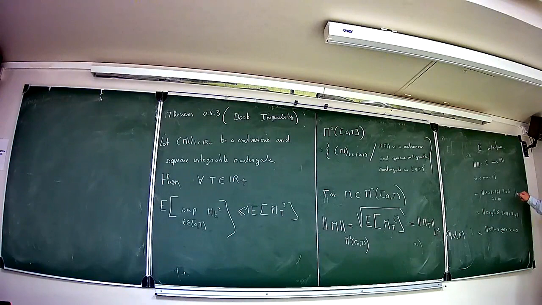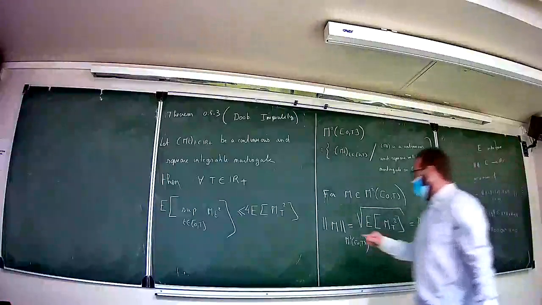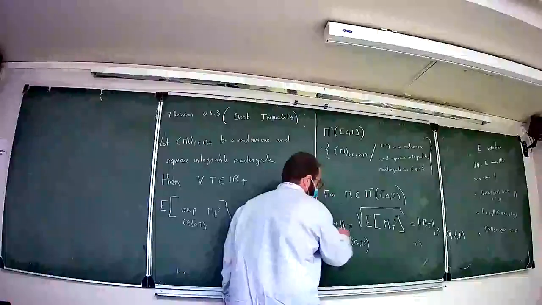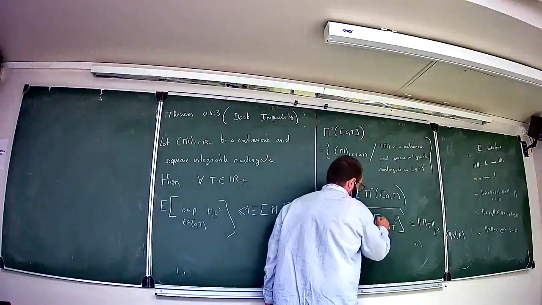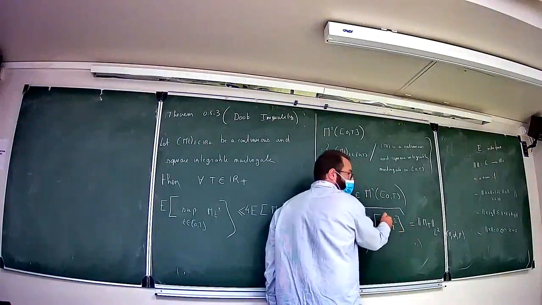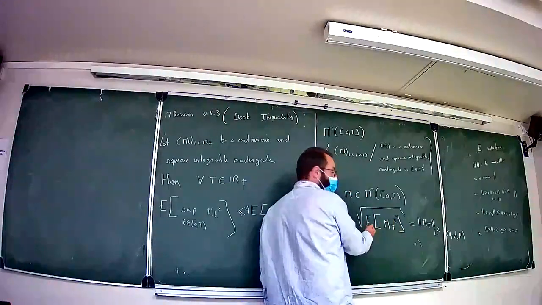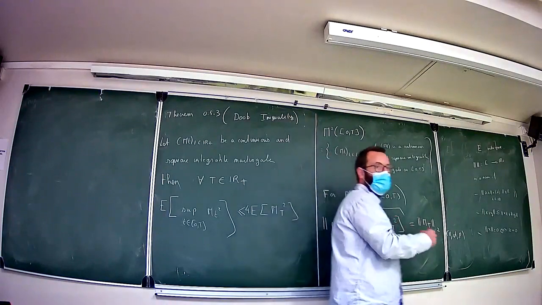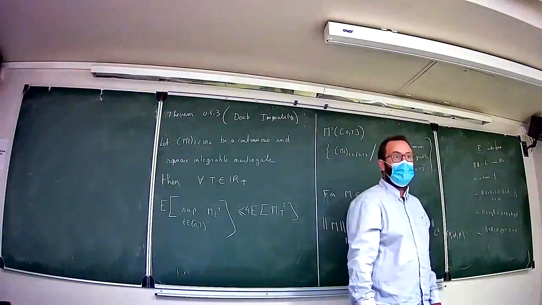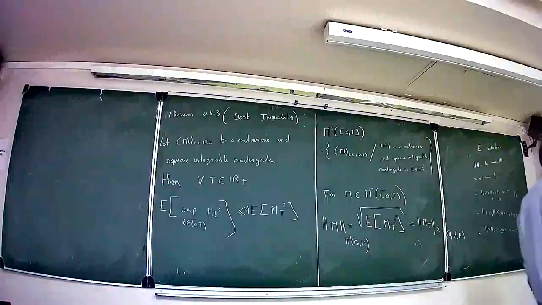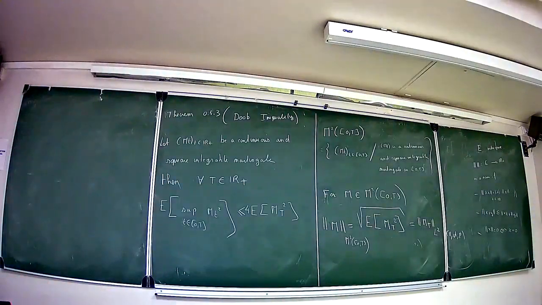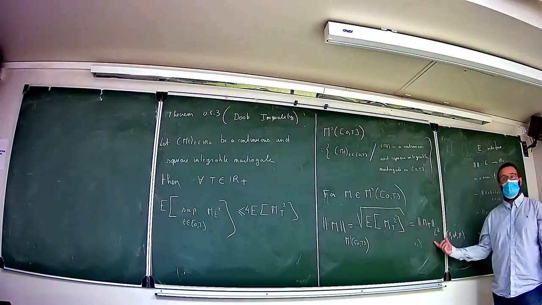Okay, everybody? If you put lambda here with the square, you have lambda square. You can remove it by linearity. You have the square root of lambda square, that is the absolute value of lambda. Okay? So homogeneity is okay. For the triangular inequality, no problem, because I know that I have a norm here.